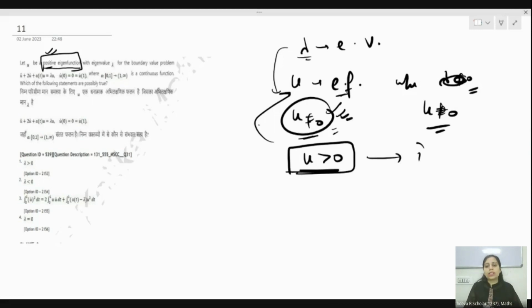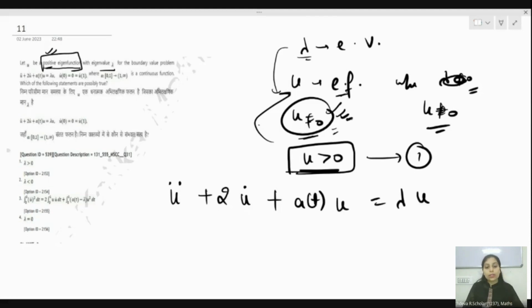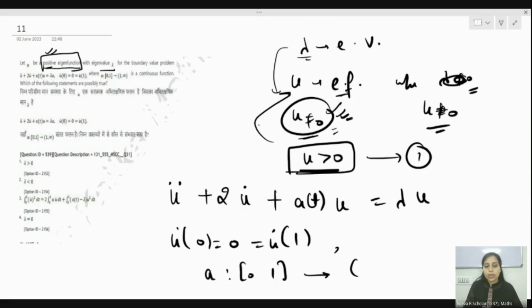With eigenvalue lambda, for the boundary value problem, the problem says u double derivative plus 2u derivative plus a(t) times u is equal to lambda u, where u dot 0 is equal to 0 is equal to u dot 1. The derivative of u at 0 and at 1 are both 0, where a is a function from 0,1 to 1, infinity.